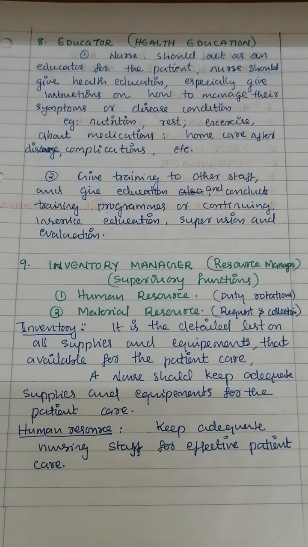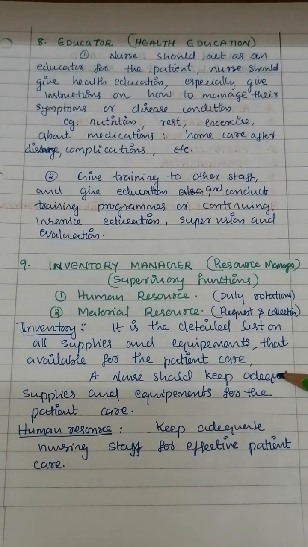So here, as an inventory manager, a nurse should supervise or manage these two types of resources, human resources and material resources. And after that, what is meant by inventory? It is the detailed list of all supplies and equipment available for patient care.